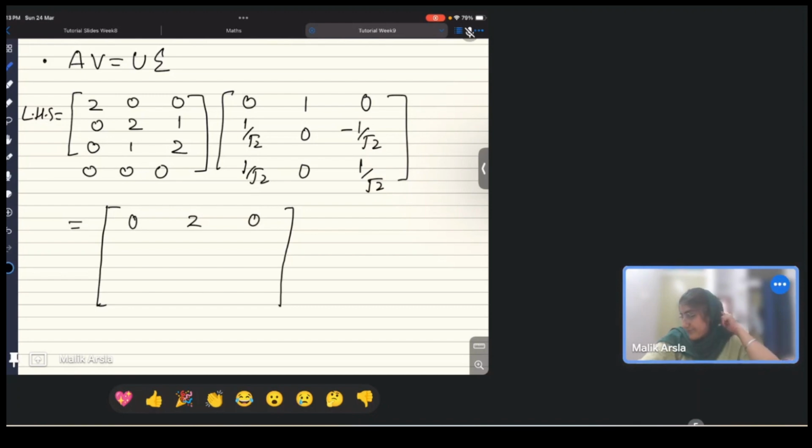The second row: 3 by root 2, 0, 0, minus 1 by root 2. Yes, 3 by root 2. The third row is 3 by root 2, 0, 1 by root 2.